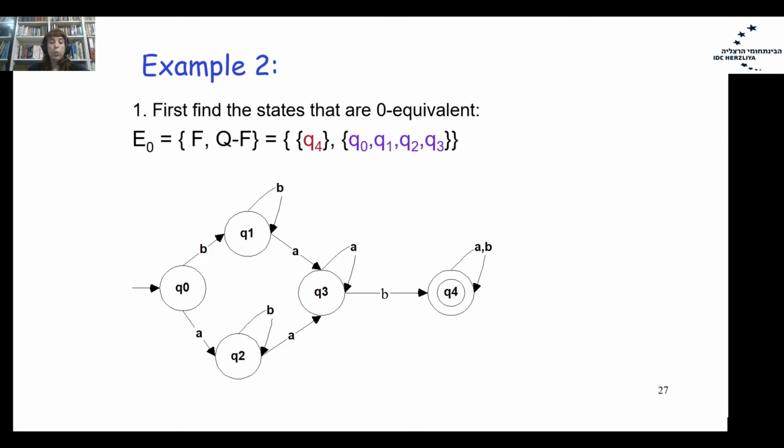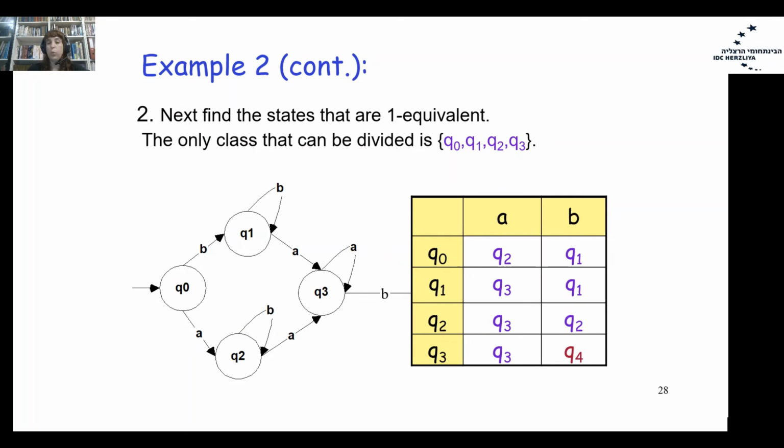So we are moving to our transition function, and we see that the only state that behaves differently in the group Q0, Q1, Q2, Q3 is Q3. On input B, it moves to Q4, a different class, an accepting class.